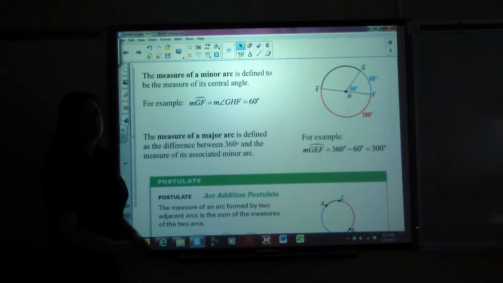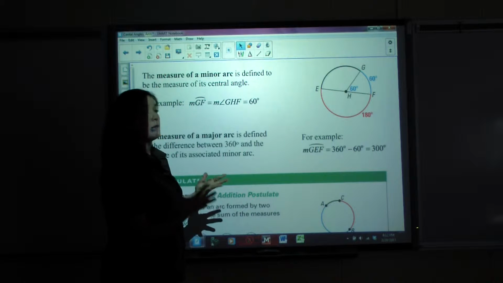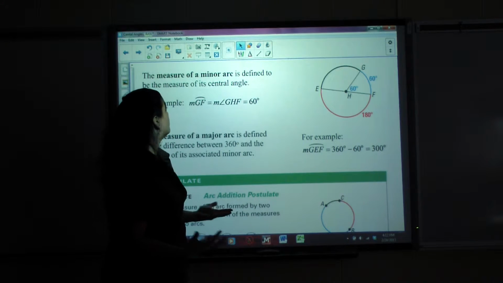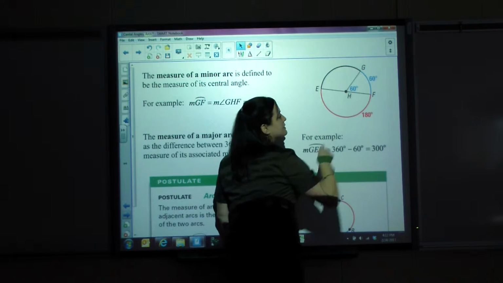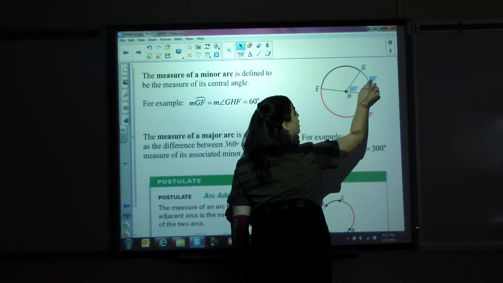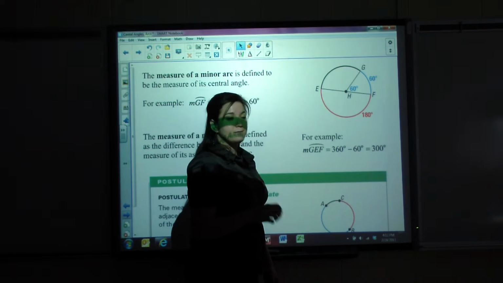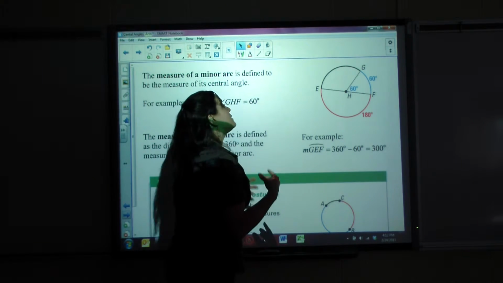Alright, when finding measures of them, what you need to realize is that a central angle and its corresponding minor arc are actually congruent. So, notice angle GHF has an angle of 60 degrees, and therefore the minor arc GF would also have a 60-degree angle. Again, semicircles, 180 degrees, and major arcs.